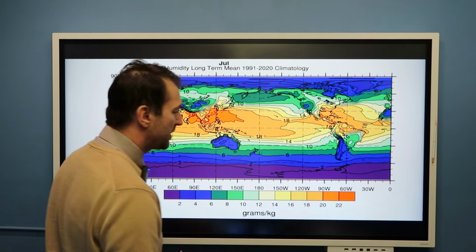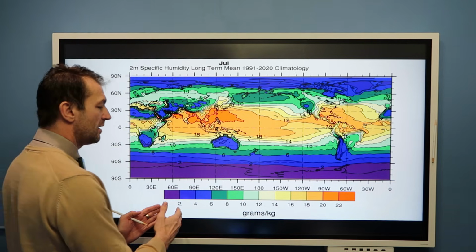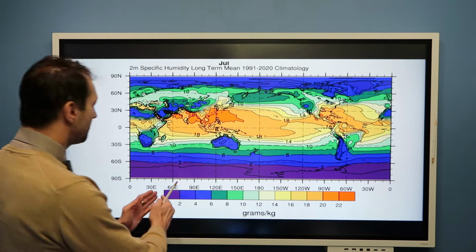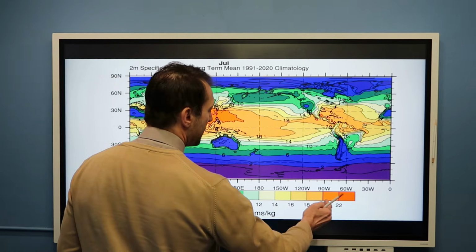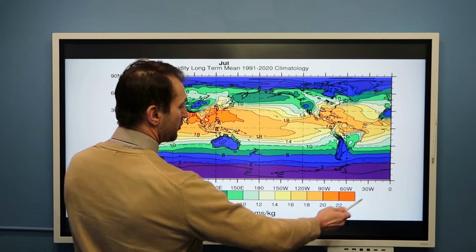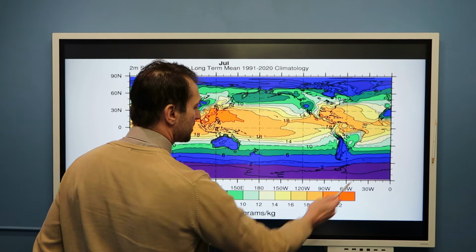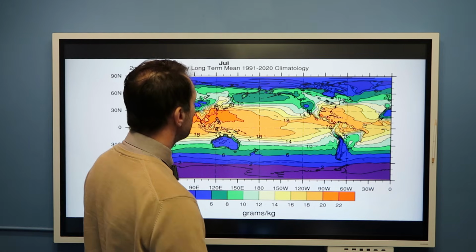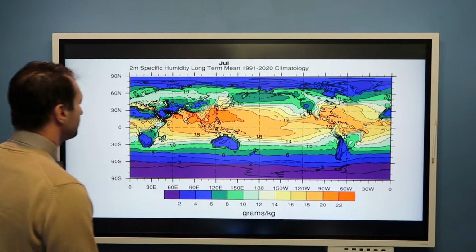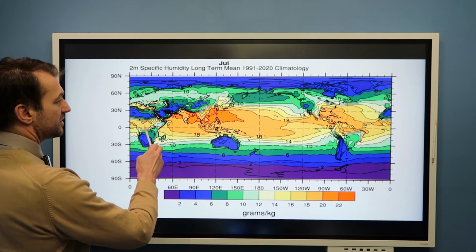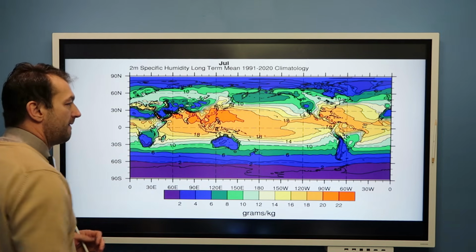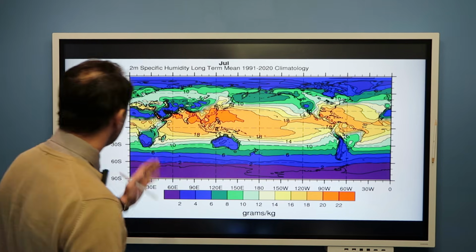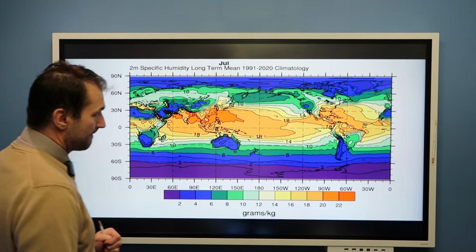I also told you in previous videos that specific humidity, which is given in grams per kilogram, as well as mixing ratio, vary between approximately 0 and 18-20 grams per kilogram. You can see that the most extreme values are 22 grams per kilogram, so I was right in previous videos about that. Notice again high values of specific humidity in the Amazon forest over here, Congo forest.